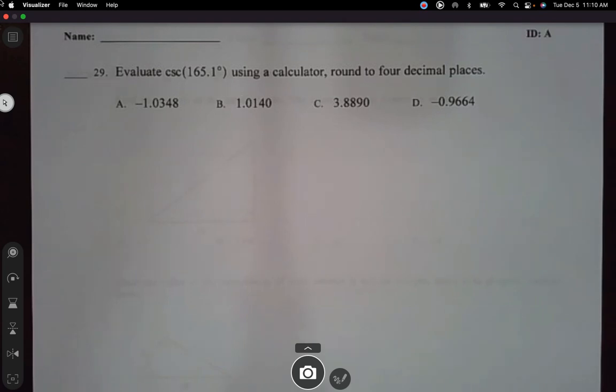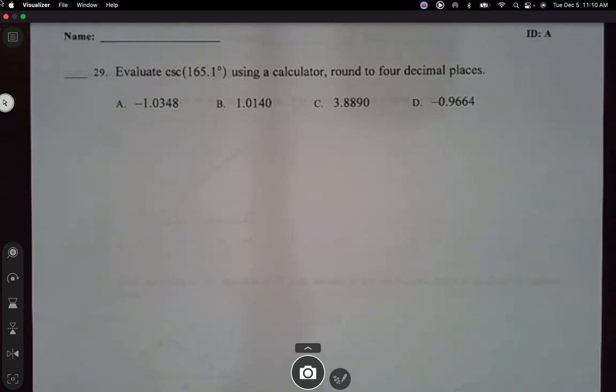Alright, what's the opposite of cosecant? Sine. So I want you to press sine of 165.1. Get that? Now flip it or take the inverse of it. How do you do that? Put it to the negative one.